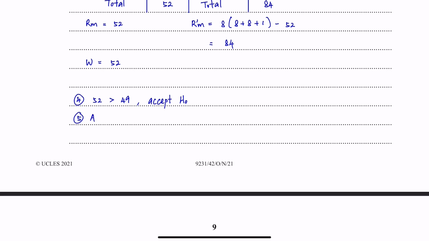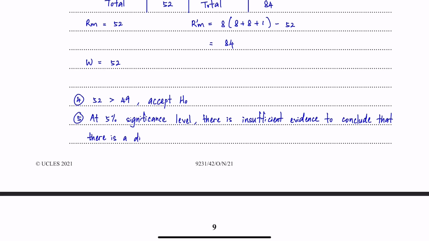So for our conclusion, we can write: at 5% significance level, there is insufficient evidence to conclude that there is a difference in the population median marks obtained in the two tests.